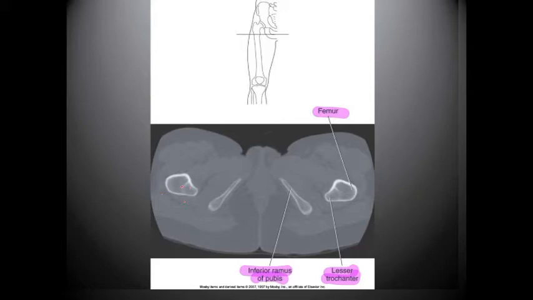Here we have lesser trochanter and just the shaft of the femur.